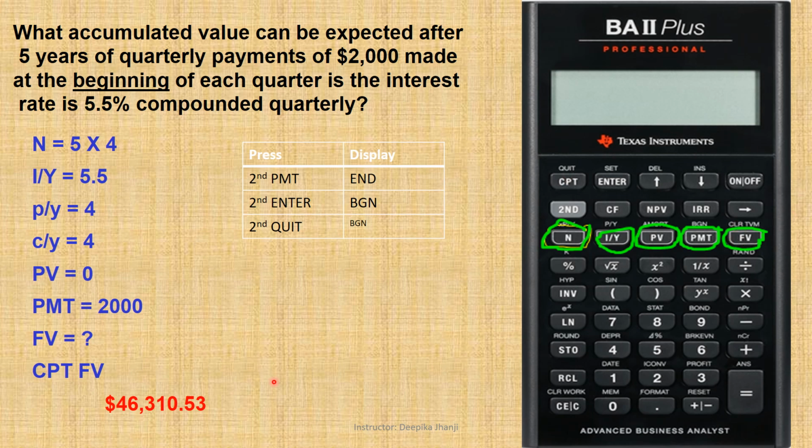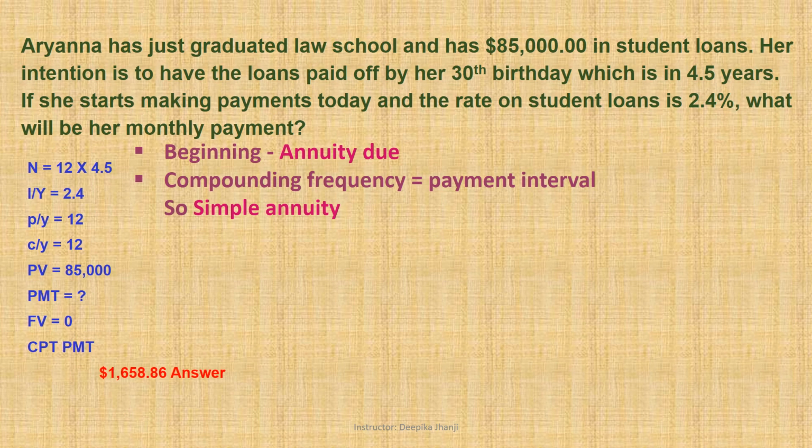Your screen will display negative 46,310.53. So accumulated value is positive 46,310.53.